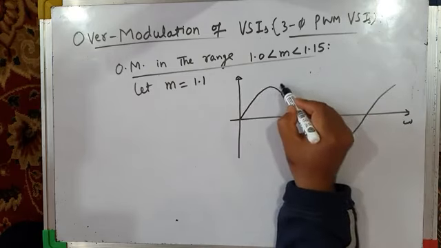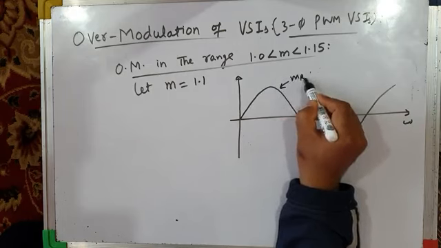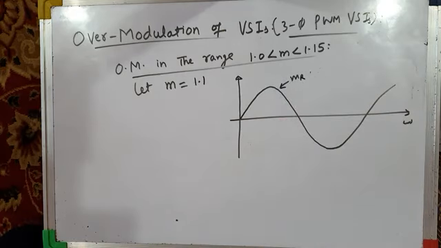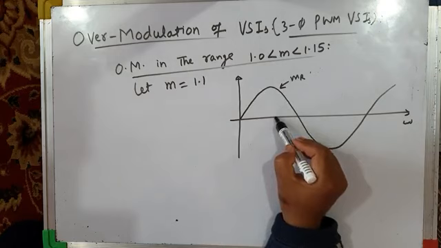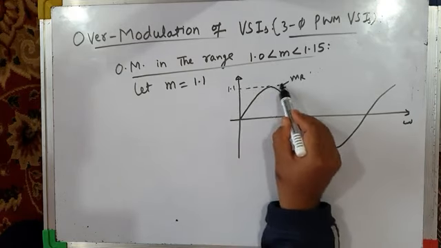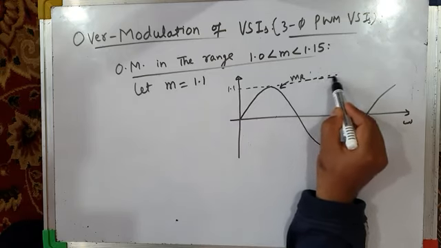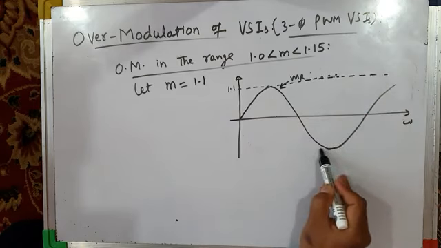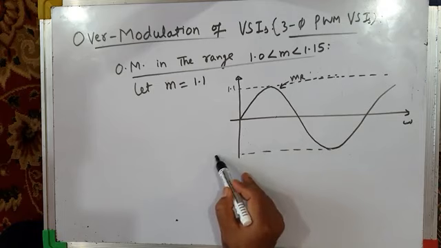This is modulating sinusoidal wave or target reference wave MR. Its peak value is 1.1. That means you are operating it in the over-modulation mode of operation.